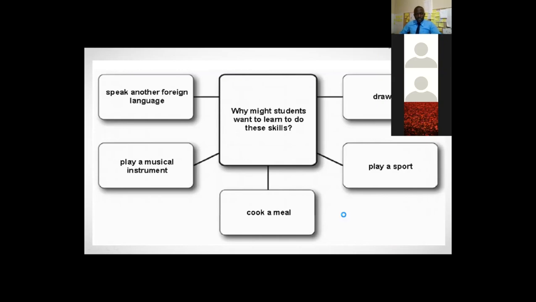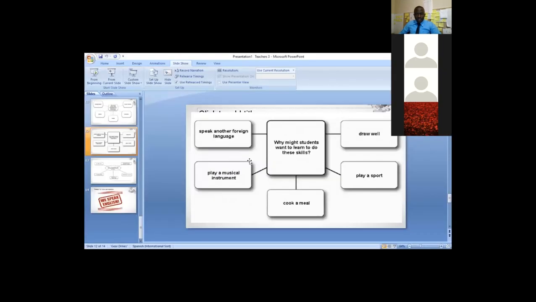I think I combine playing a musical instrument and playing a sport in order to have fun. Sorry, and drawing well and cooking a meal in order to get independence.